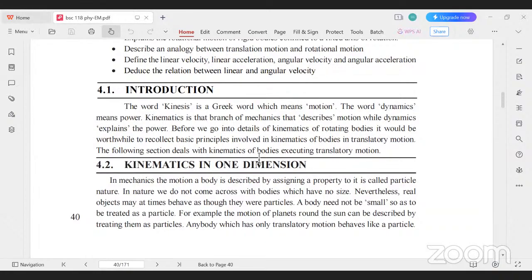Nevertheless, real objects at times behave as though they were particles. A body need not be small to be treated as a particle. For example, the motion of the planets around the sun can be described by treating them as particles. Any body which has only translatory motion behaves like a particle.